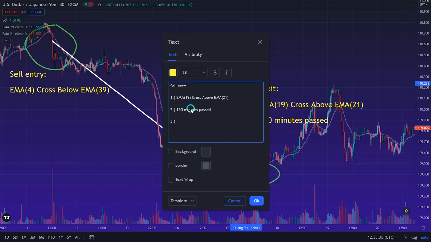And only after that you can consider the first condition and start to look for it. So let's see.